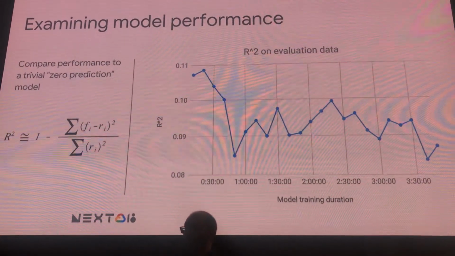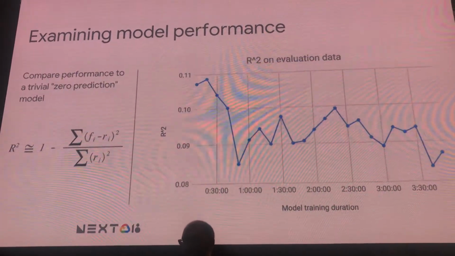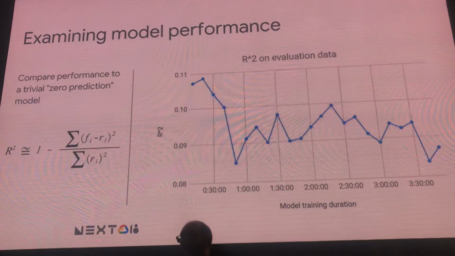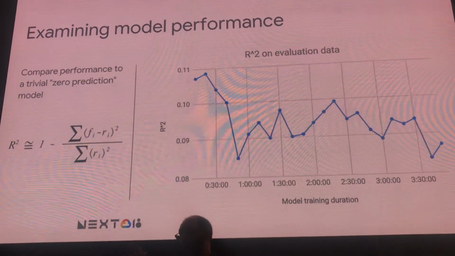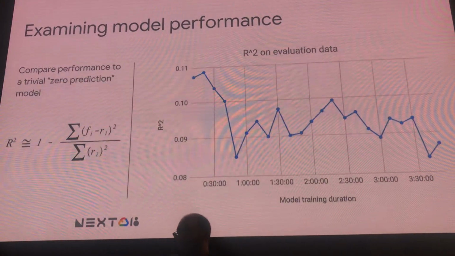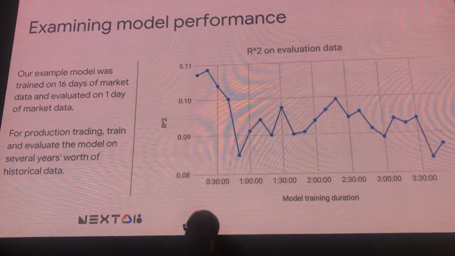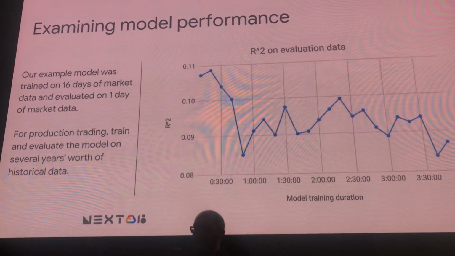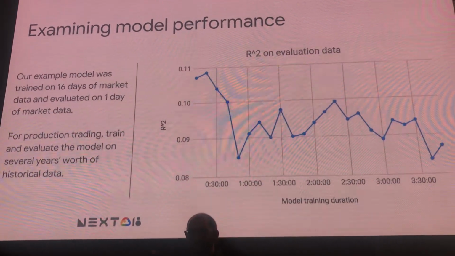R-squared is approximately 0.10 to 0.11 after the first 20 to 30 minutes of training. And then it declines to a range between 0.08 and 0.09, which is actually decent for when you're predicting 5-minute intraday prices. But remember, this was based on a model trained on only 16 days of market data and evaluated on only 1 day of data.